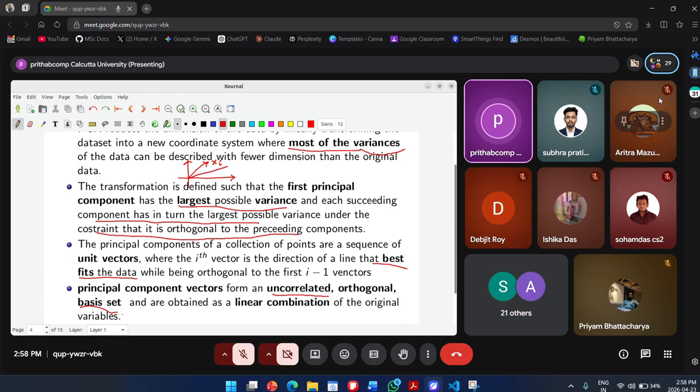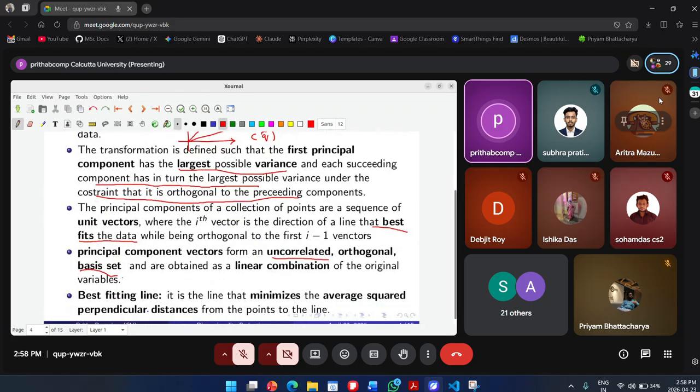I am trying to find a line, meaning a vector, a principal component. Let's say it is a unit vector which represents this line. The best fitting line is the line that minimizes the average squared perpendicular distances from the points to the line.